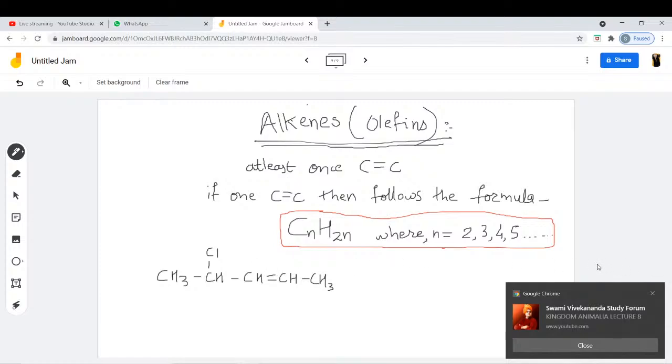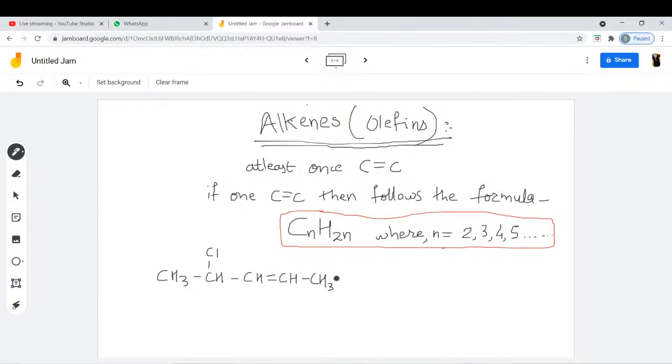What will be its name? In this case you always select the long carbon chain, you know very well. Whenever you give the nomenclature to this compound, I am talking about IUPAC especially. IUPAC is used a lot here. So starting from this you give the numbering.